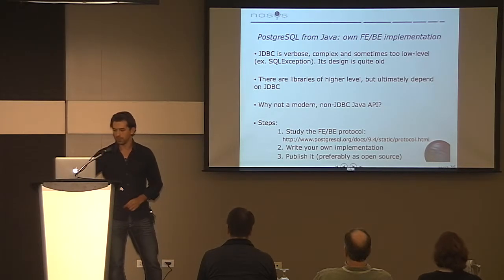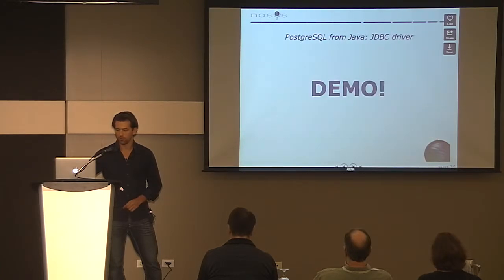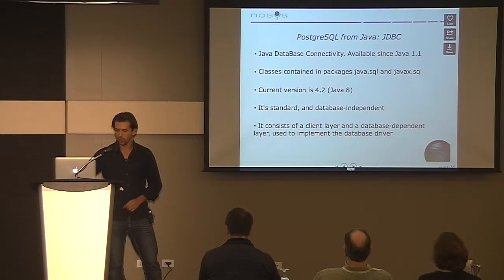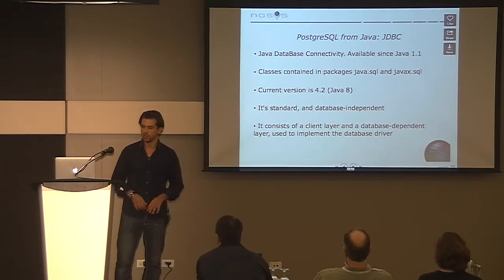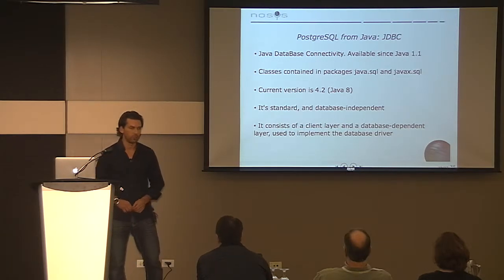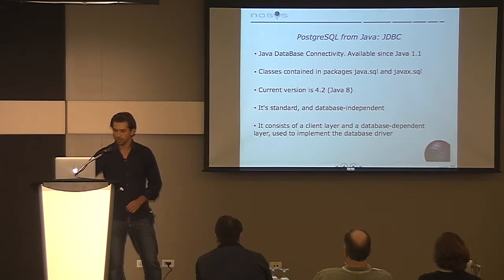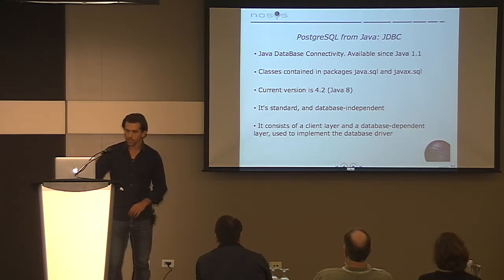All right, so these are all the alternative methods that we can use to connect to Postgres other than JDBC. So let's do a quick recap of what JDBC, the standard, the main driver is, and then we'll switch to see some real code. JDBC stands for Java Database Connectivity, and has been here for a long, long time, which is good and bad.